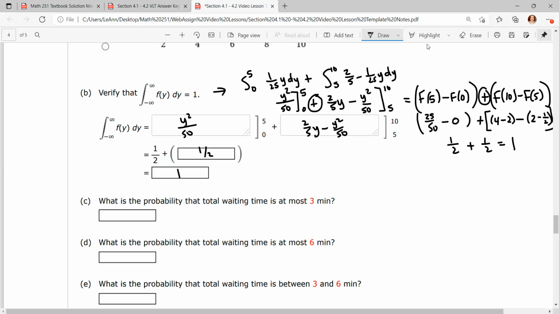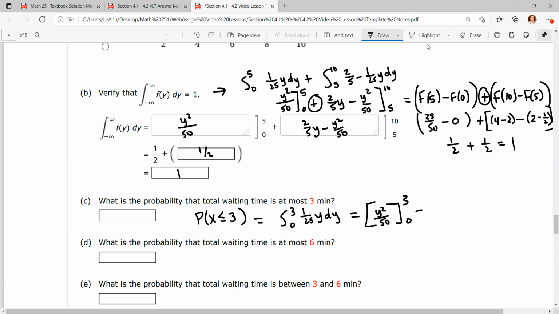All right. So what is the probability that the total waiting time is at most 3 minutes? So we're looking for probability that X is at most 3. So then you just have to know which one am I going off of? Well, 0 to 5 is where this less than or equal to 3 would completely lie. So we only need to integrate from 0 to 3 of the 1 over 25y dy, which we already know is going to work out to y squared over 50.